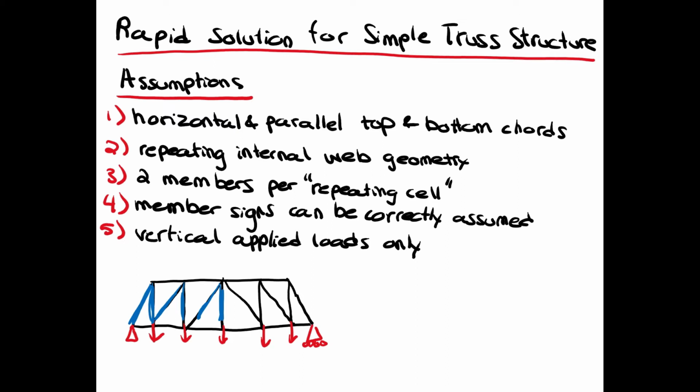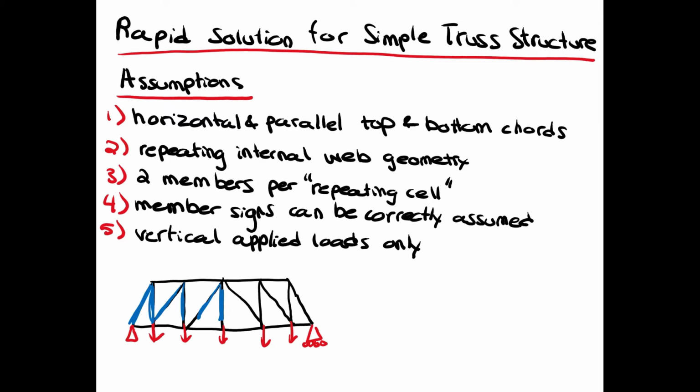I want to keep this video as short as possible because going through the explanation for how to do this simple truss solution is quite long, but once you get really fast at it, it'll be a lot shorter than you think. Anyway, I'm going to stop rambling and get into it.